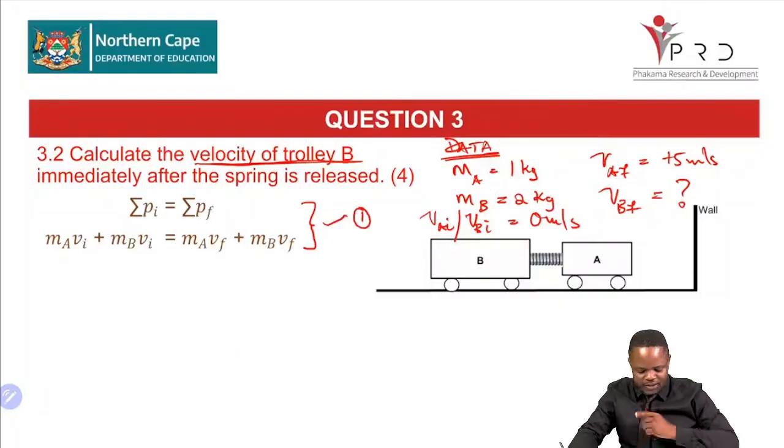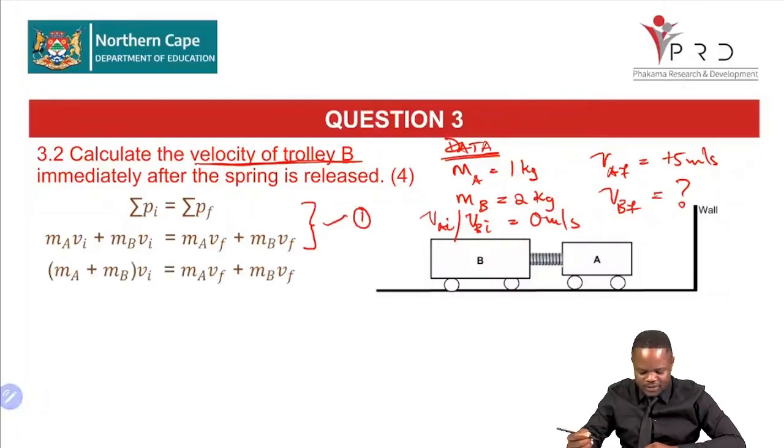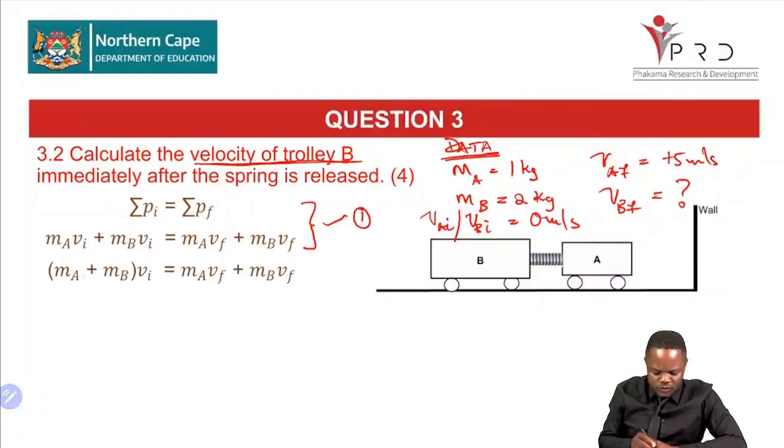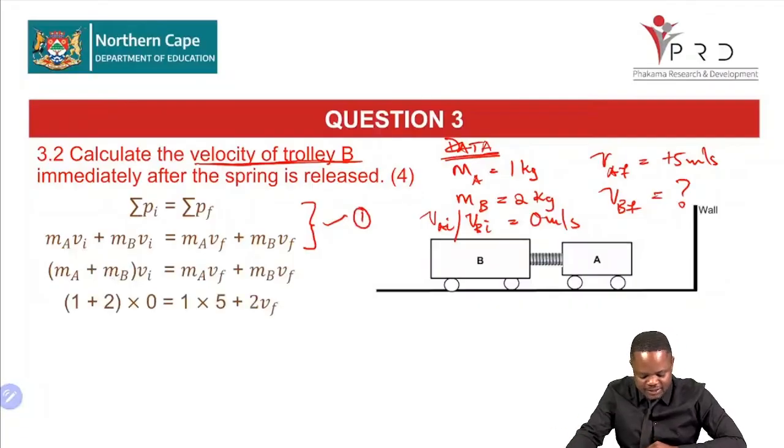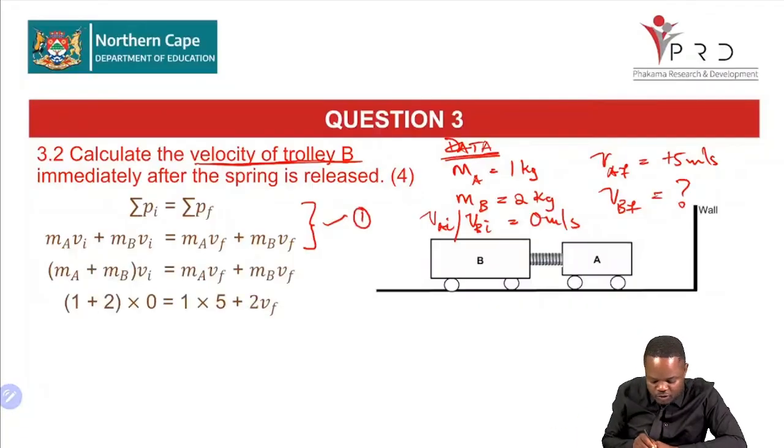MA, we know it is 1 kilogram. VI, we know it is 0. So both A and B are stationary initially, so we know their sum is going to be equivalent to 0. And then you're using the final.